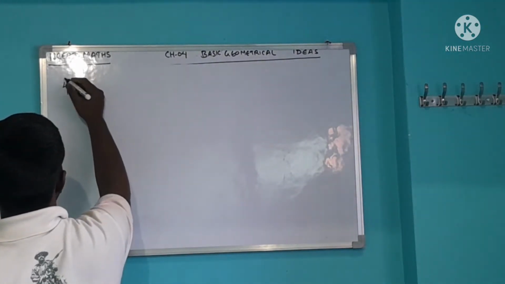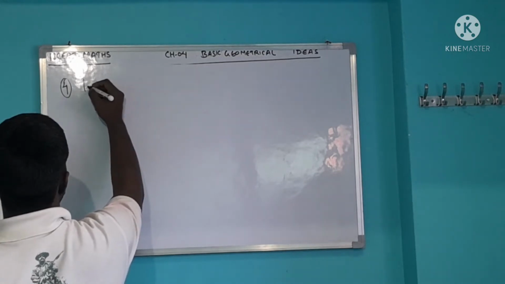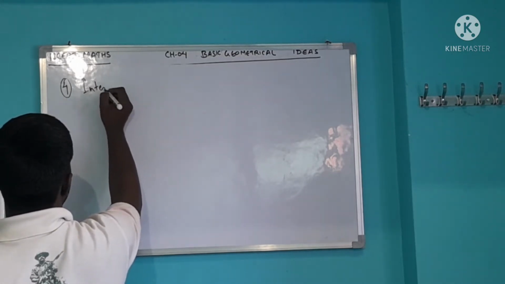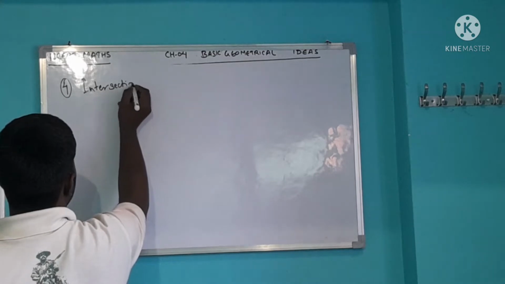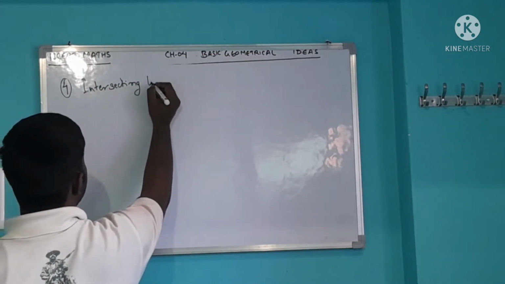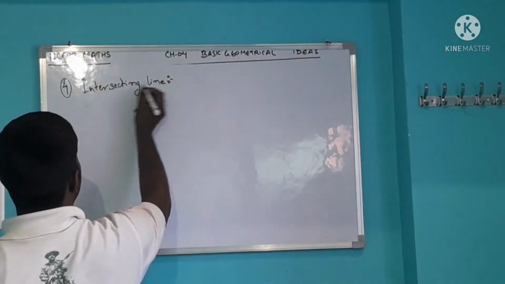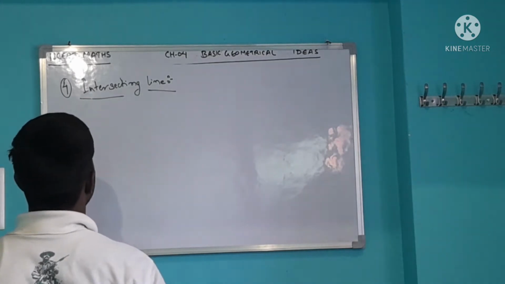So our fourth topic is intersecting lines. It is again similar to points and lines topic.